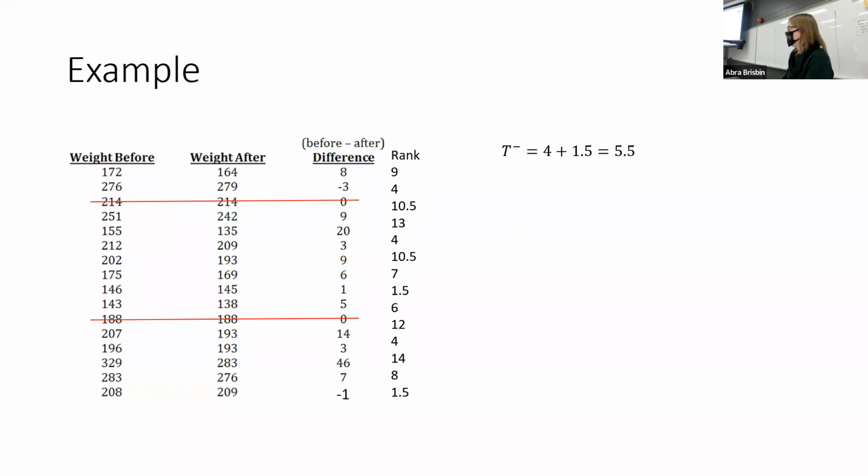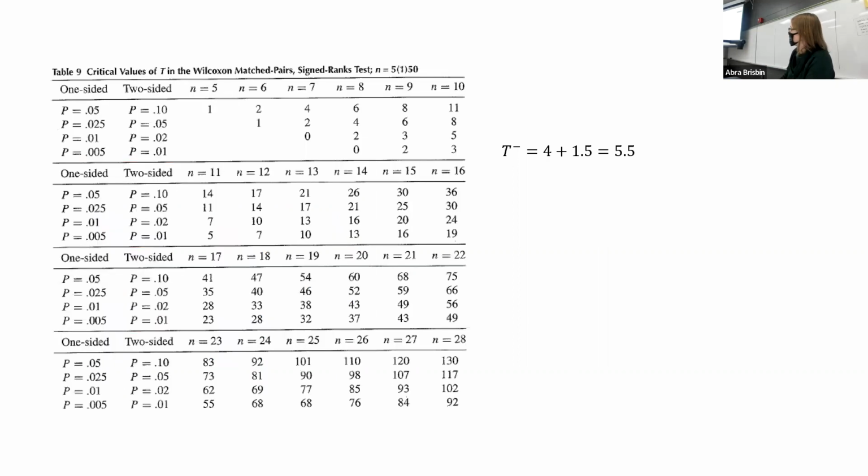All right, so now we need to use this test statistic to come up with an approximate p-value to be able to say what our conclusion is. So the way we do that is looking at table 9 in appendix 3 in the back of our book. And we start by finding the column that corresponds to our sample size. So this is the sample size after we've eliminated the rows with zeros.